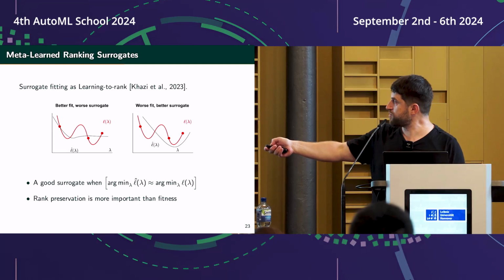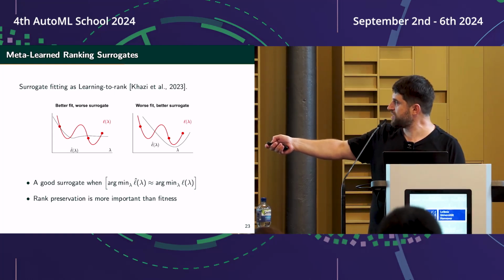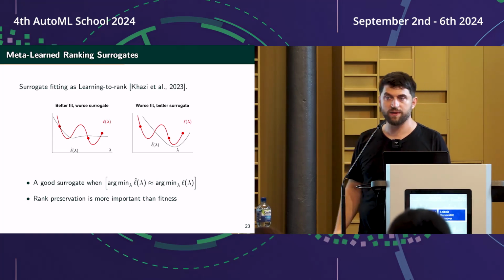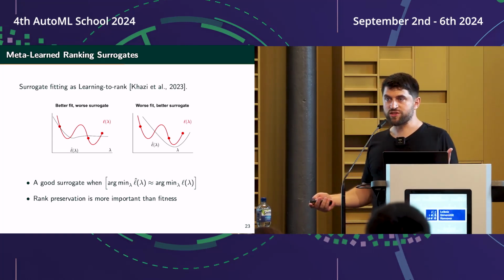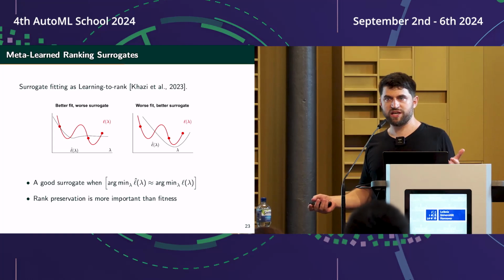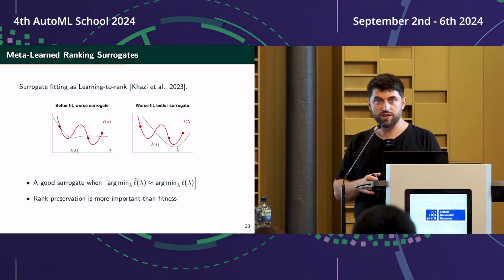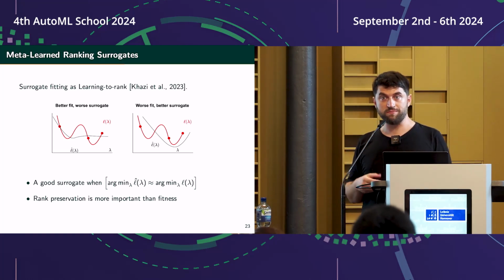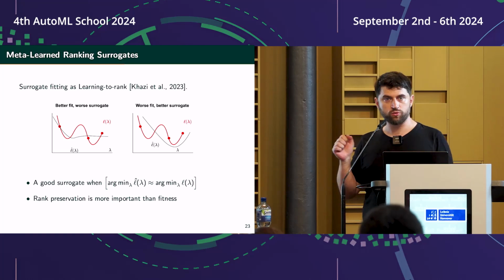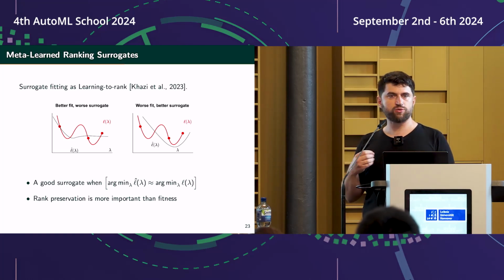For example, here you see that the minimum of the approximation is here instead of here where it should lie. And that brings up the question of whether hyperparameter optimization is actually a regression task. That is, let's say, the main way to approach it, but that's probably incorrect. What we need are performance predictors that preserve the rank of the top configurations.